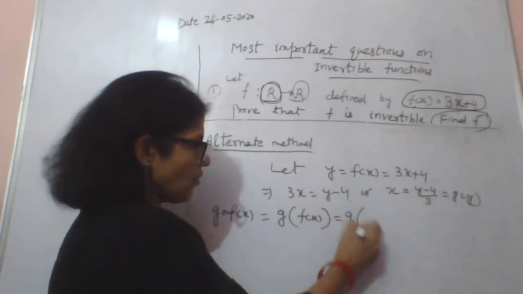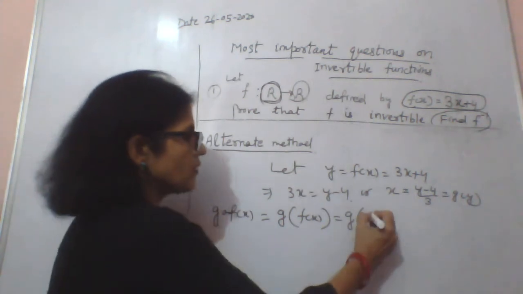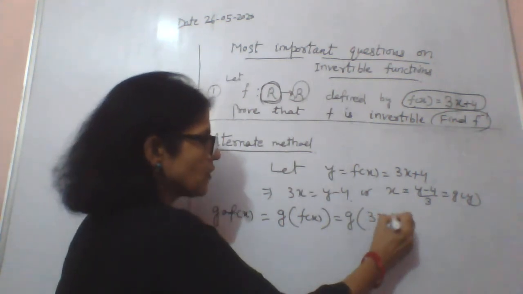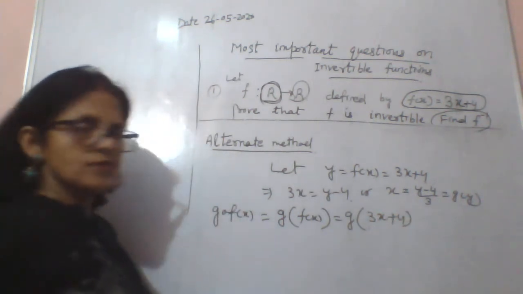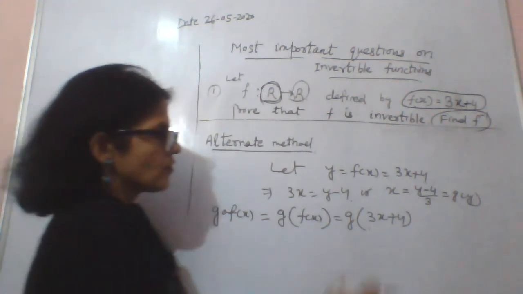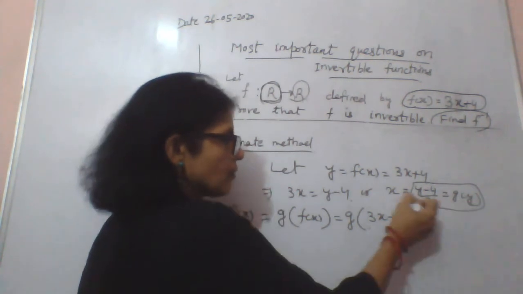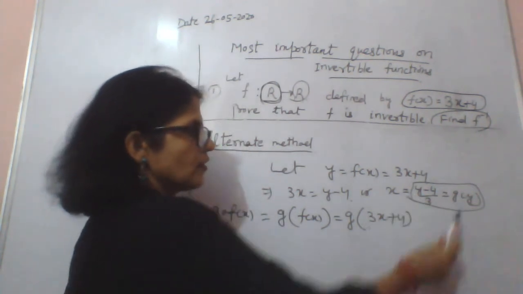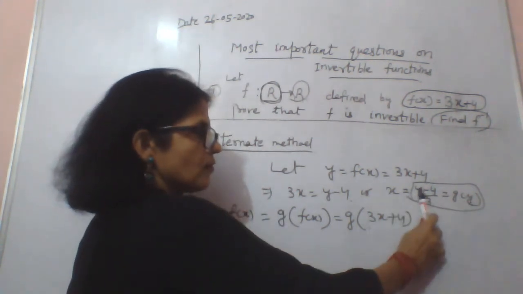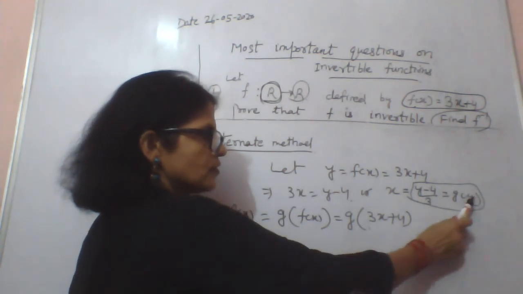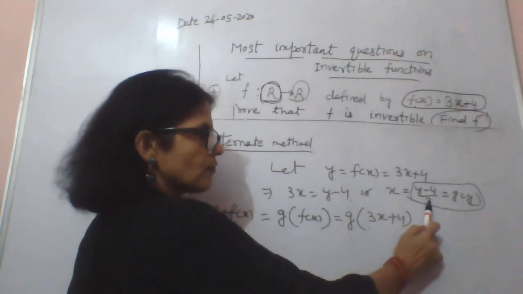So g of f(x) equal to g of (3x plus 4). What is g(y)? g(y) is (y minus 4) by 3. If you write g(1), it is (1 minus 4) by 3; g(5) is (5 minus 4) by 3.